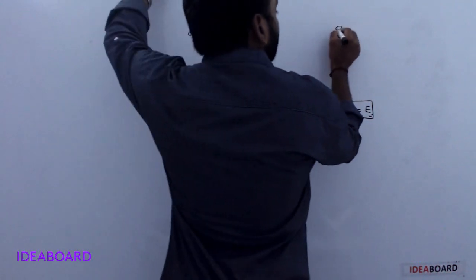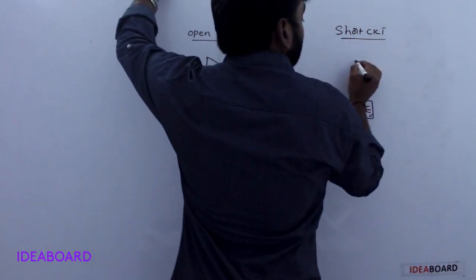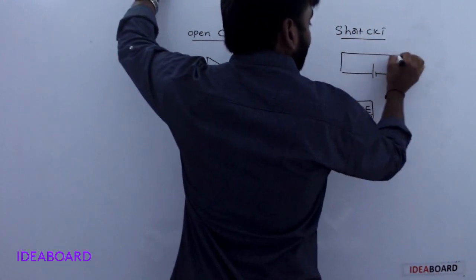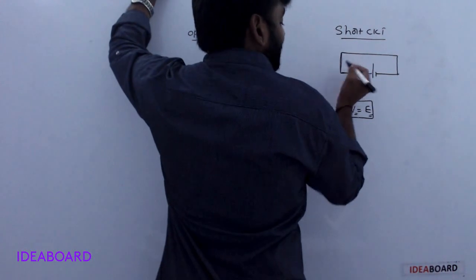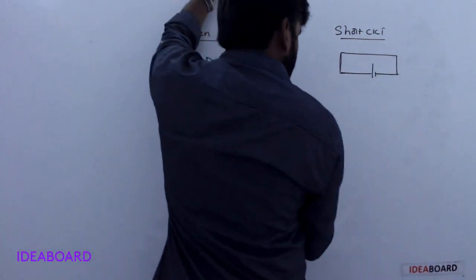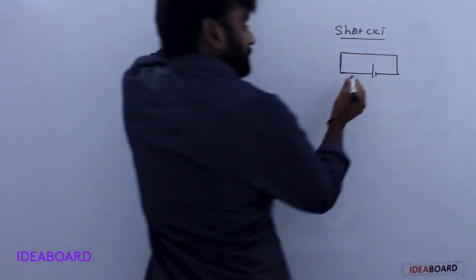Next, short circuit. Short circuit means battery terminals are connected directly without external resistance.